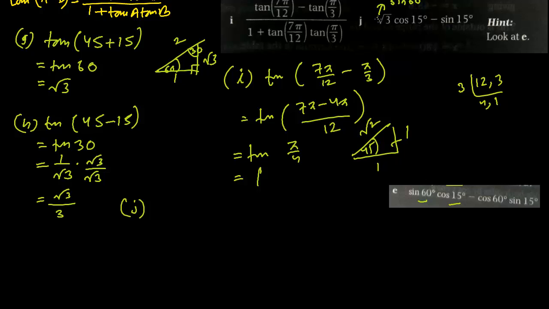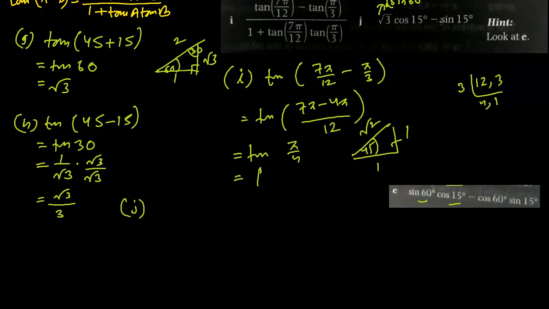So since this is root 3, we have to cancel the 2 over here. So we have to write 2 sine 60, so that we have square root of 3.